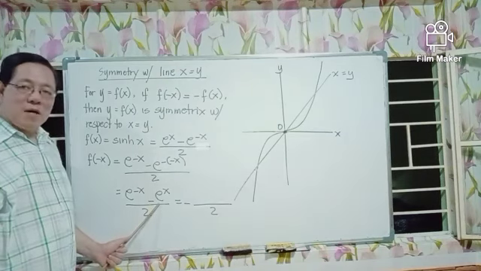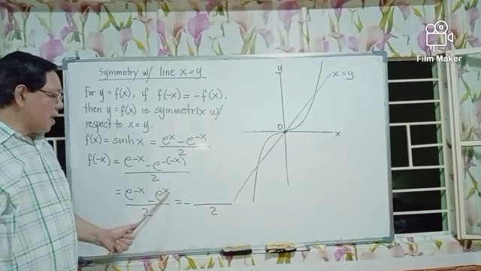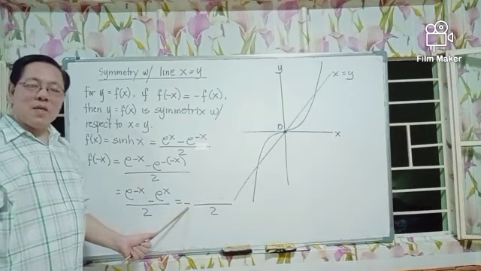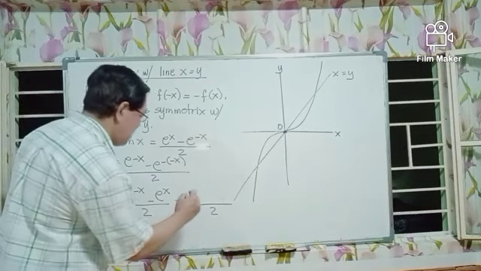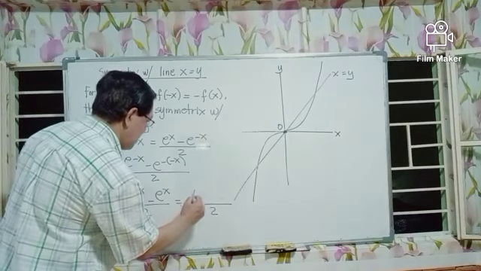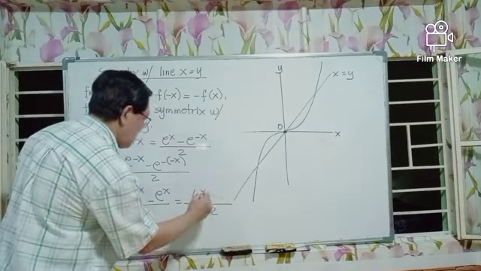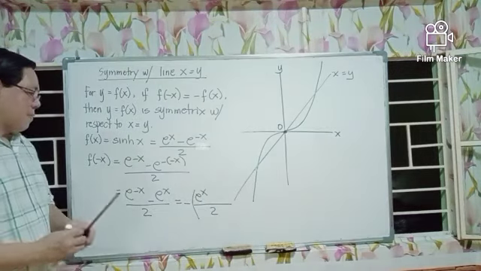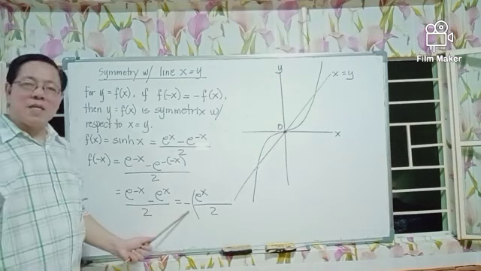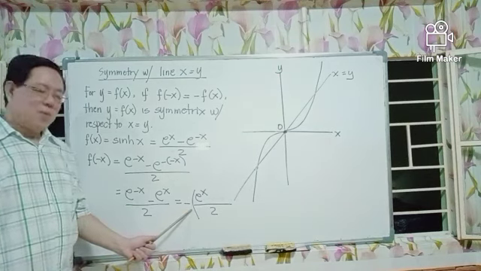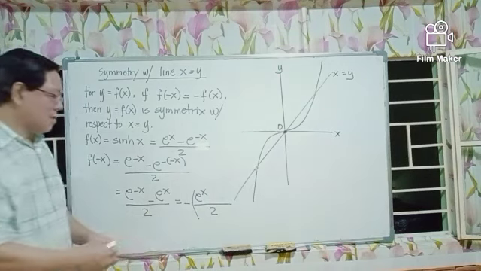And we write first the positive term, negative e to the x divided by negative is positive e to the x. And e to the minus x, that's positive, divided by negative is negative e to the minus x.